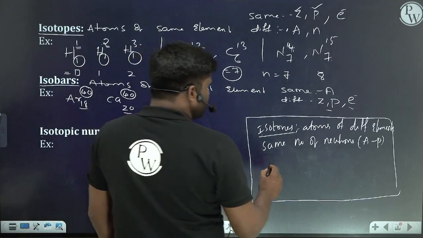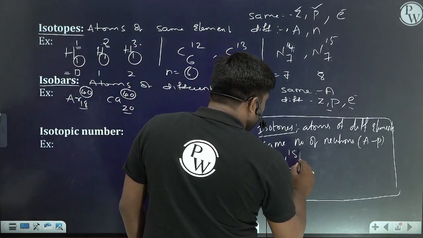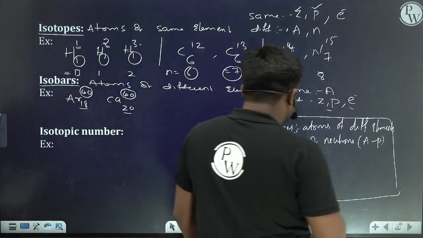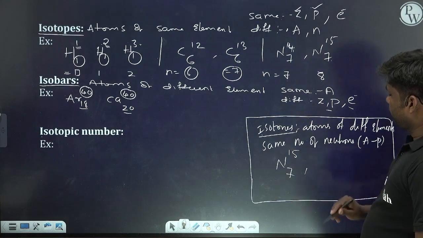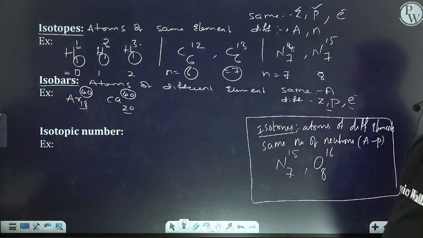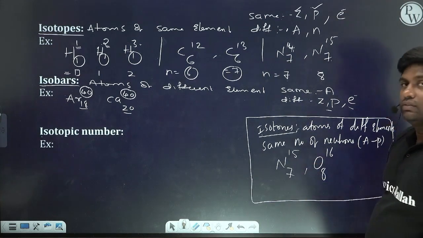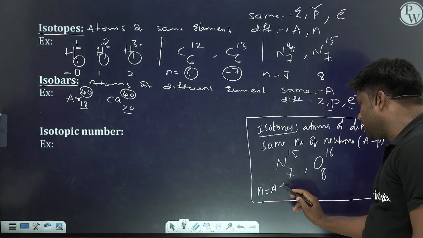It means nitrogen 7, 15 and oxygen 8, 16. So 15 minus 7. Number of neutrons is equal to mass number minus protons.